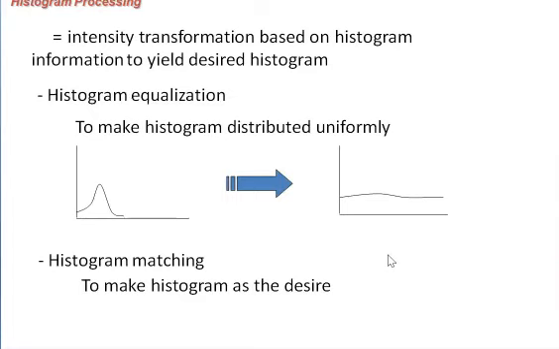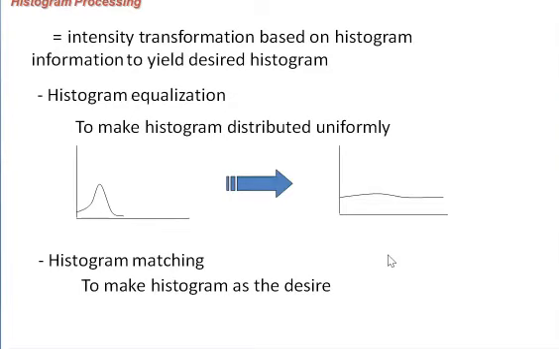Here the histogram is distributed uniformly, but it is not in our hand. Based on one basic formula, it automatically generates the equalized histogram, right?